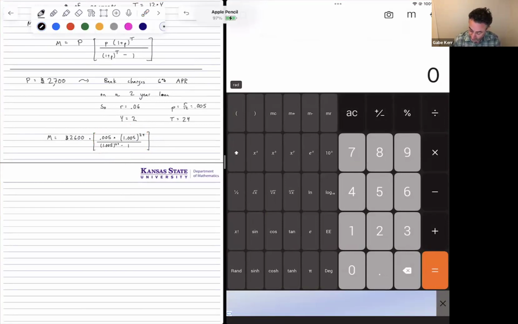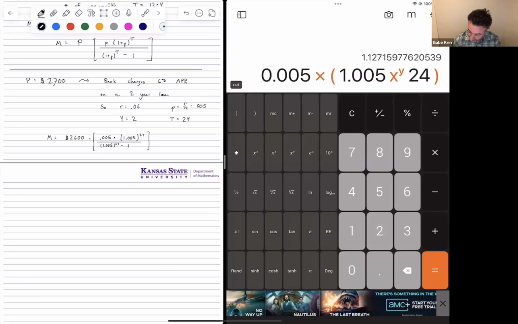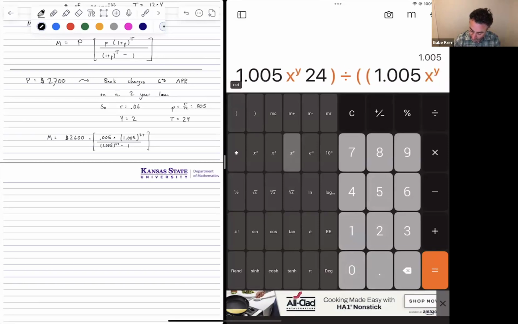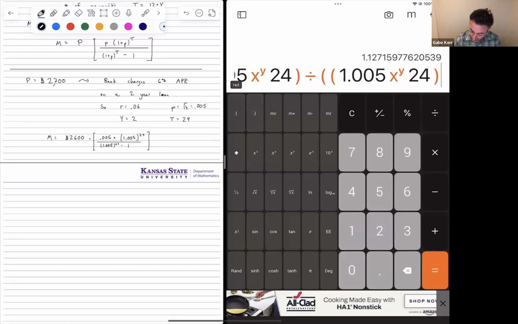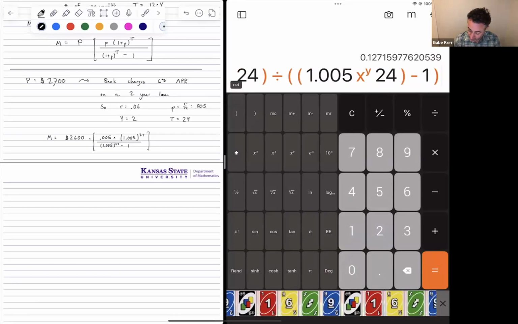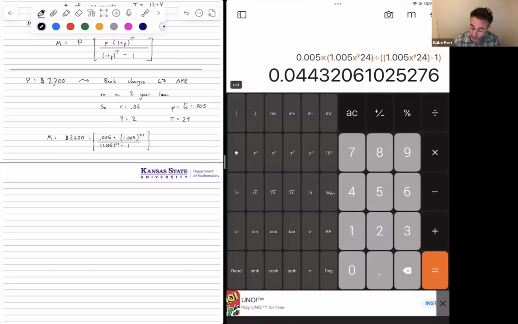So it's 0.005 times 1.005 to the 24th power. And then I need to divide by 1.005 to the 24th power minus 1. And that gives me in total 0.04432.